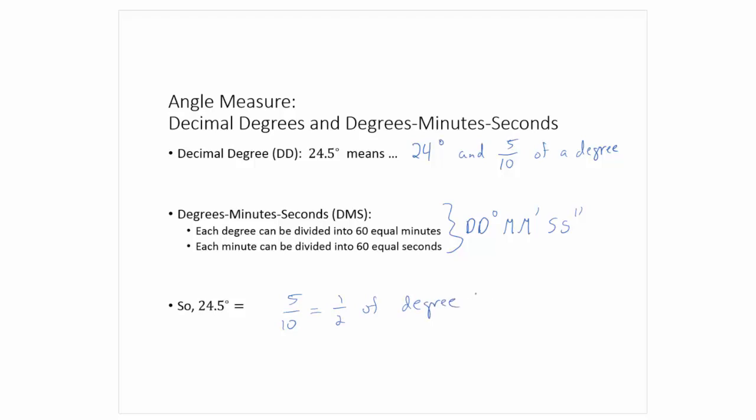And so that would be the same as 30 minutes. So then 24.5 degrees is equivalent to 24 degrees, 30 minutes. 24.5 degrees is the same thing as 24 degrees, 30 minutes.